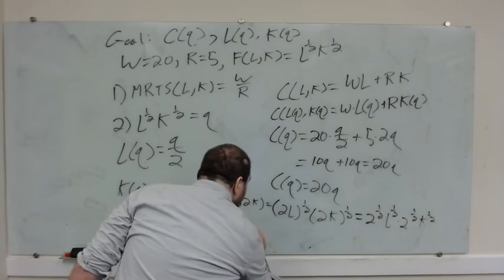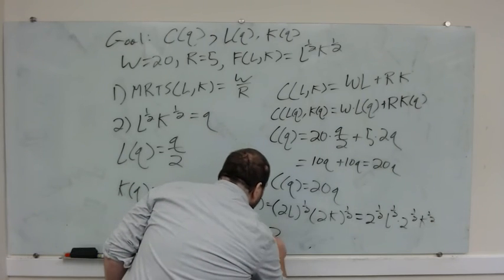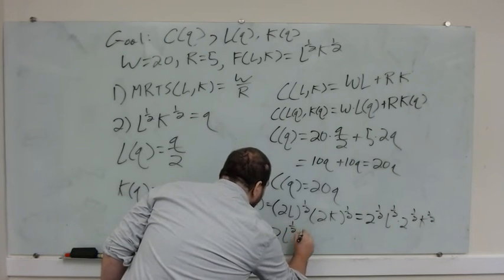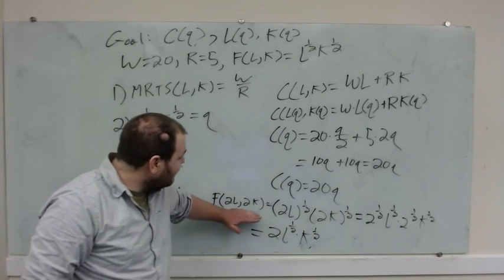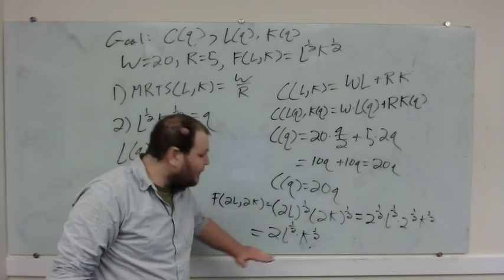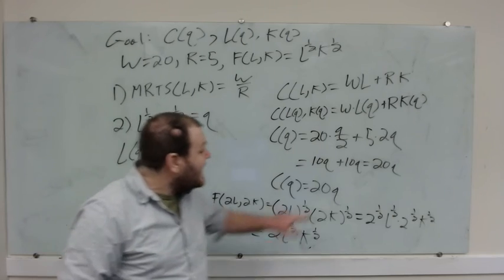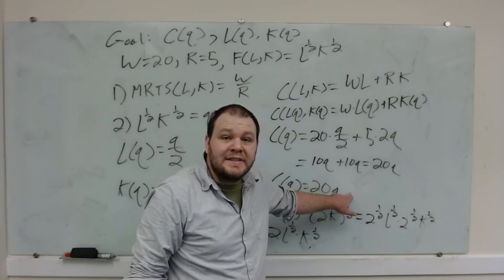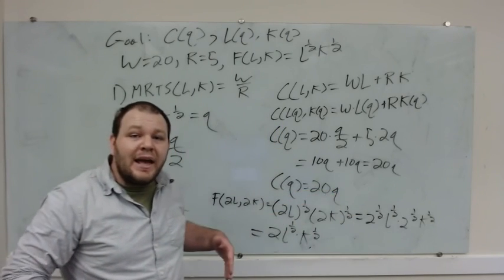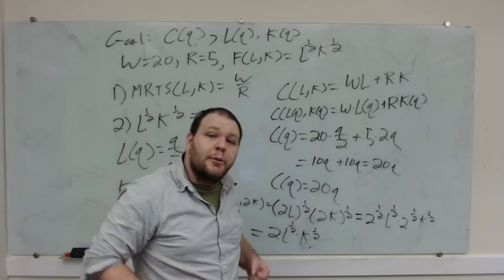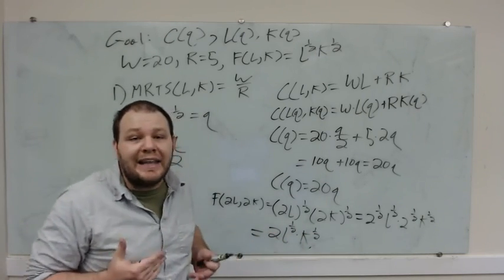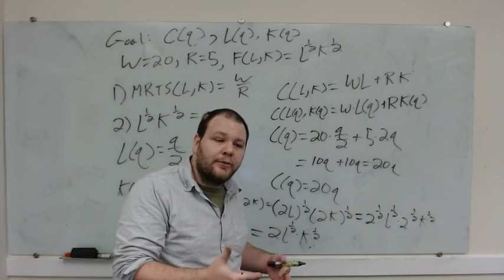In other words, this is just going to be 2 times L to the 1/2 times K to the 1/2. In other words, when I double my inputs, I double my output. And that's why I've got constant returns to scale, because doubling my inputs doubles my cost. So to produce twice as many potatoes, I need to outlay twice as many dollars.